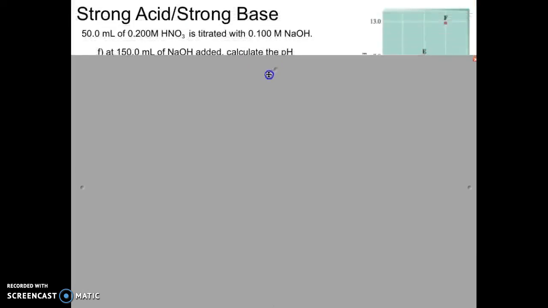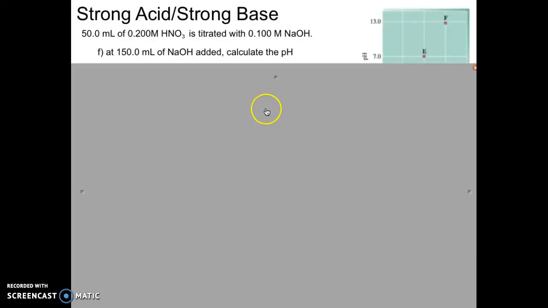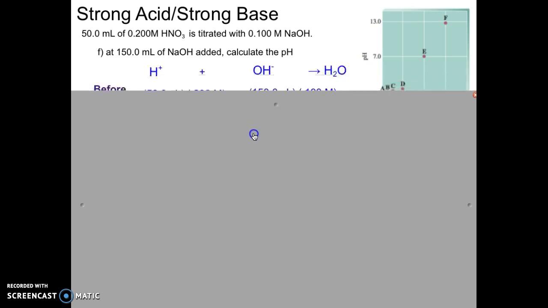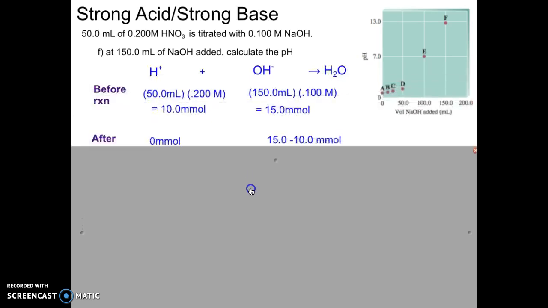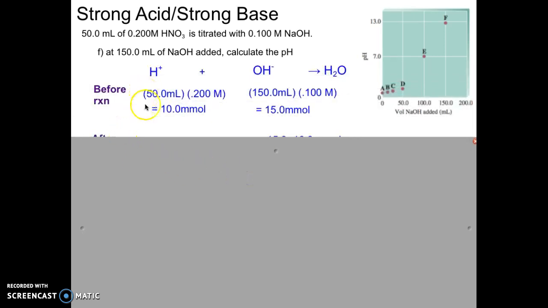So now, what will happen if I keep adding my base, and I'm at a total of 150 mils added to that 50 mils of 0.2 molar nitric acid, okay? Now, as I look at what's happening before the reaction, I still have the same amount of acid.